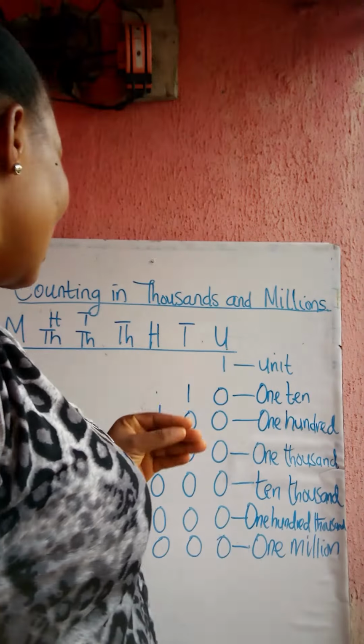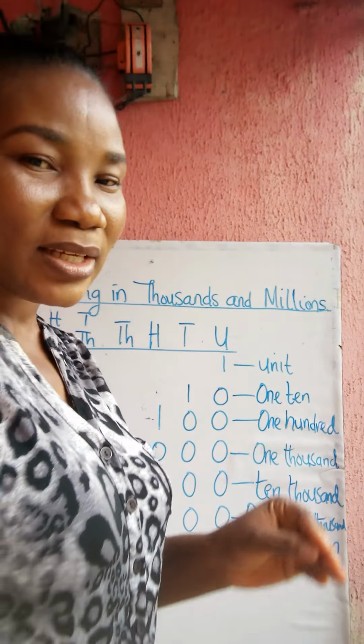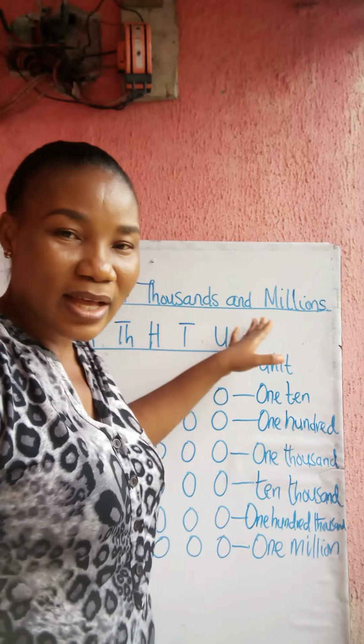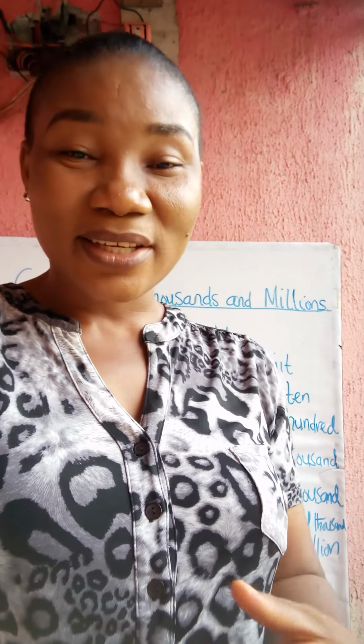Today, we want to talk about counting in thousands and millions. As we all know, in order to understand and enjoy our mathematics, we need to learn how to count in large numbers.